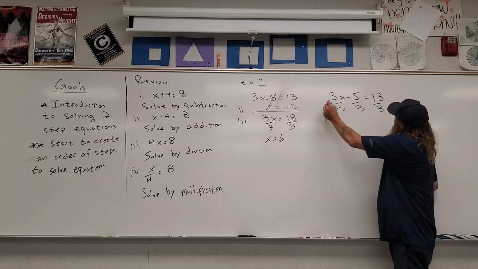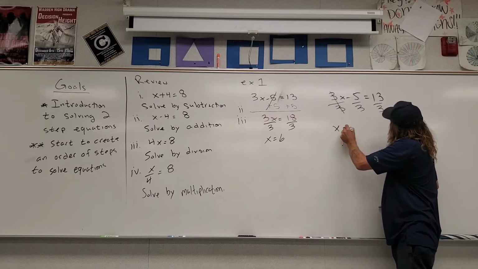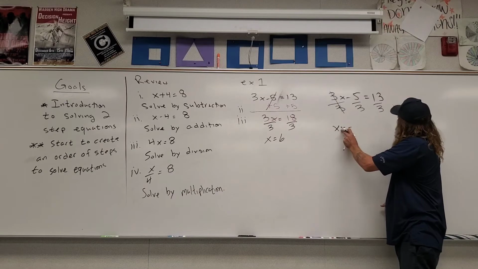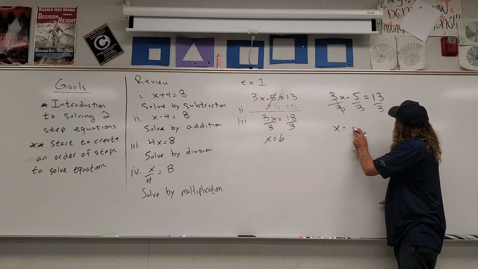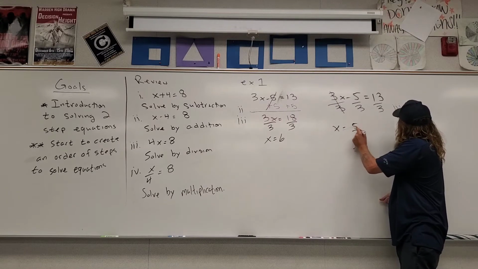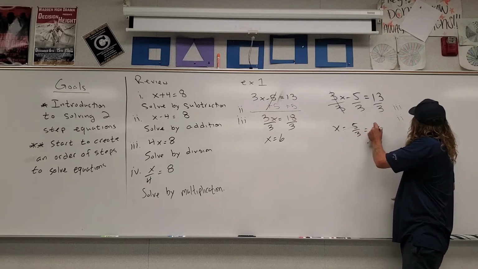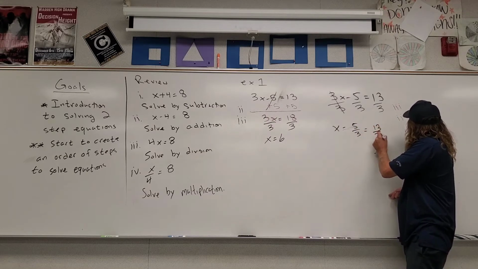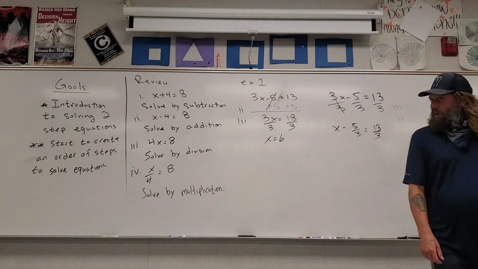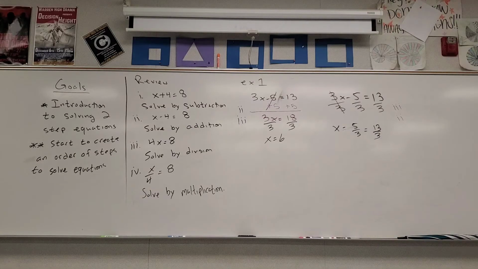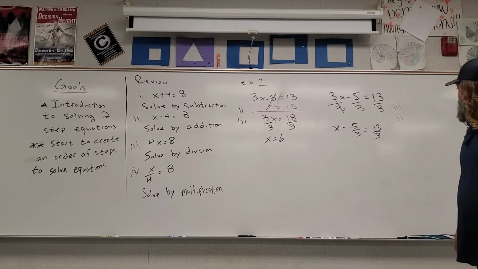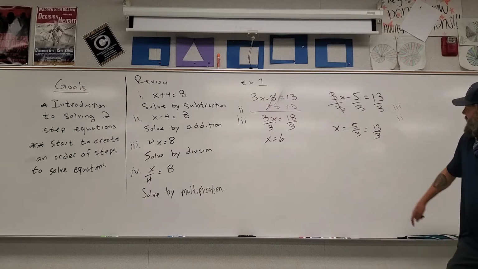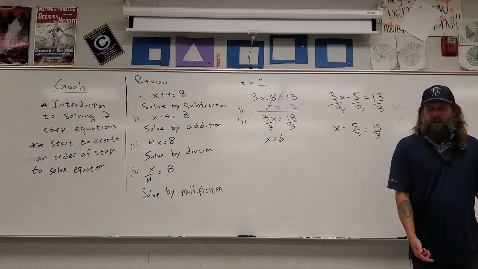Now I'm left with x minus 5 over 3 equals 13 over 3. A lot of students would stop this problem right here because you now have a problem with fractions, and that tends to shut you down.